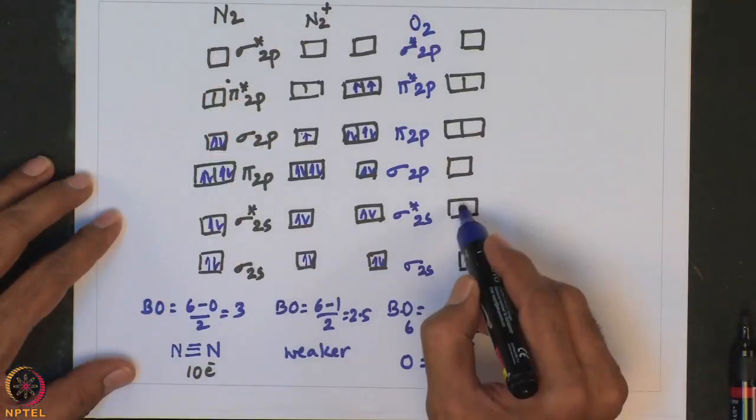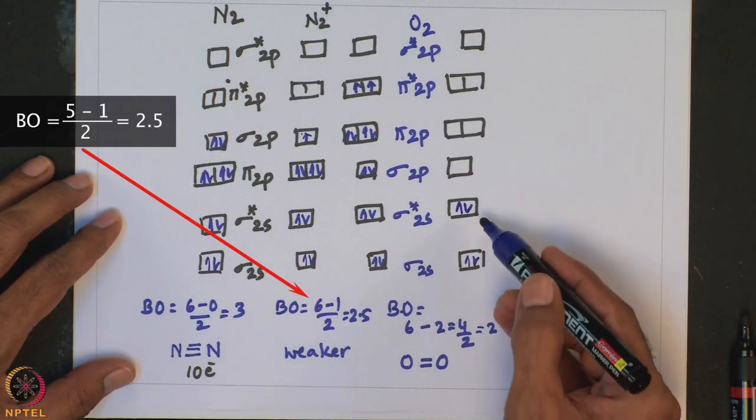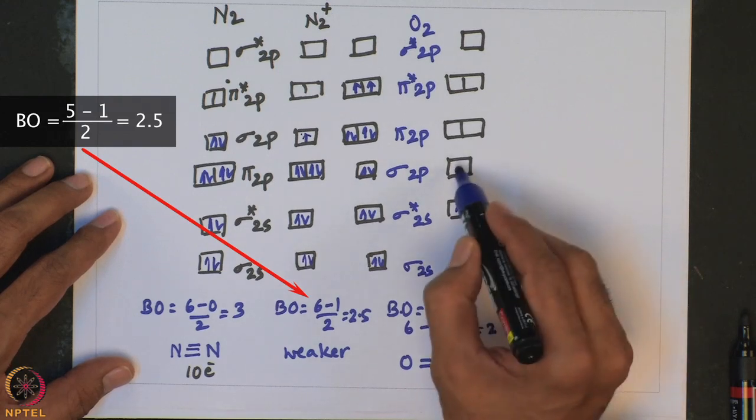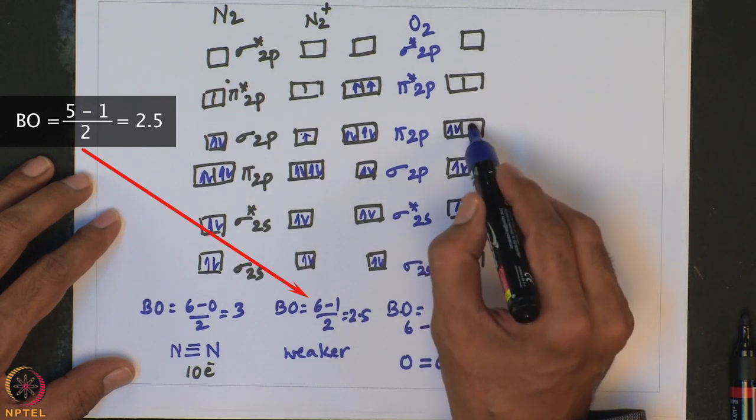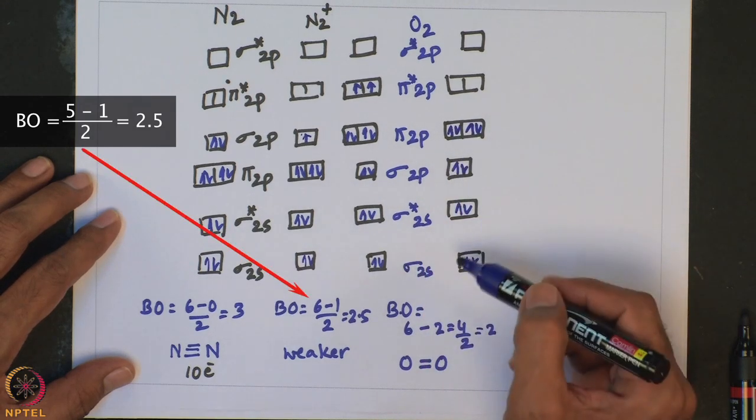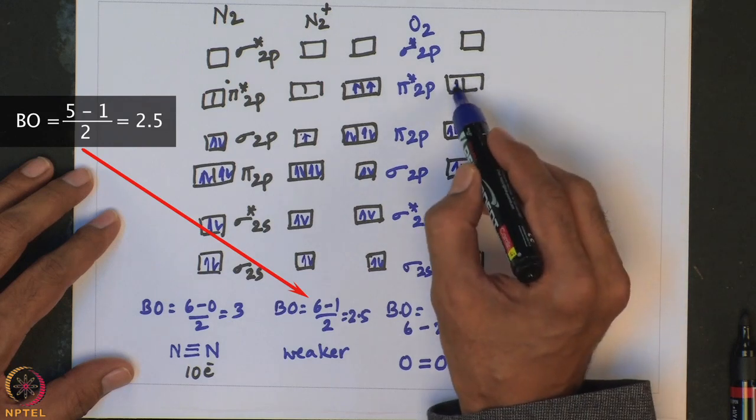Another one is O+ with 1s2, 2s2, 2p3 electronic configuration. So we have 1 electron less. Let me start filling them in the same order. So they cancel each other. They are 4 electrons now. Now you look into here, 2, 2 here. So we have added 10 electrons. The last electron will come here.